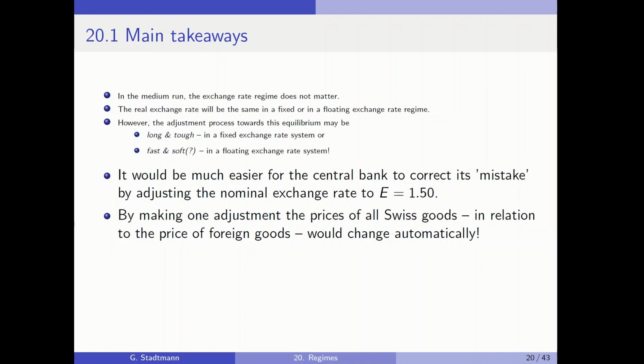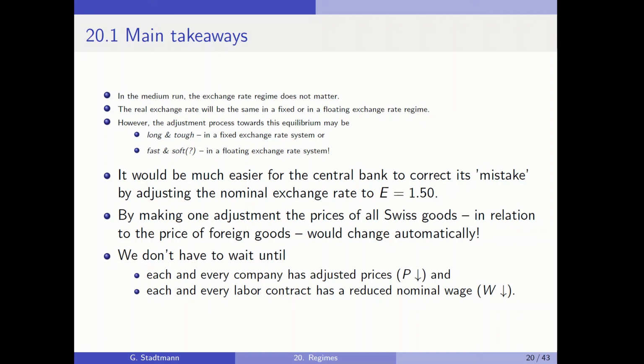So we don't have to wait until each and every company has adjusted the prices downwards and each and every labor contract has a reduced nominal wage. By making one adjustment, the central bank can influence the relative price of all Swiss goods, and therefore we don't have to wait until these adjustments are made by the companies.